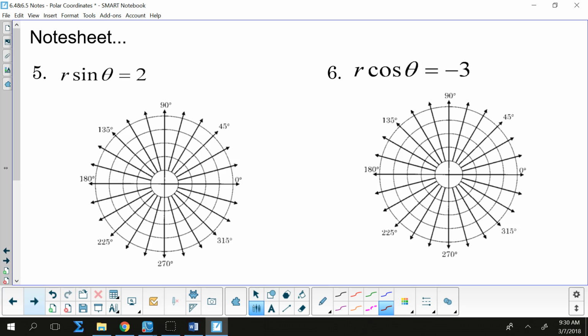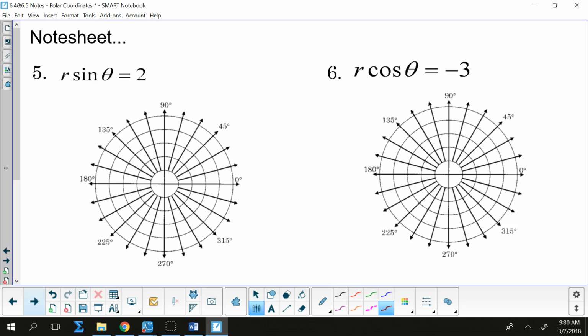r sine of theta equals 2. Let's go about this a little different way. Instead of graphing it first and then converting it, let's convert it first and put that then on our graph. So r sine of theta. What's r sine of theta?